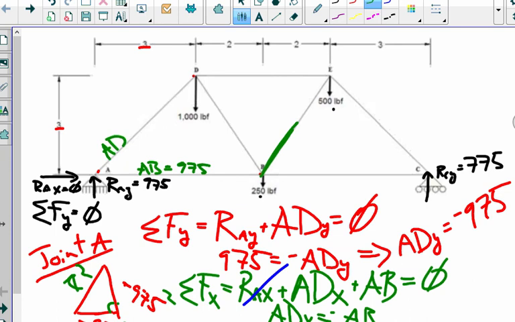So we take the square root of 975 squared plus 975 squared. I'll pause to do the calculation on a calculator. All right, so we calculate out that this side here, which is AD, is 1378. Okay? So what you're going to do is piece by piece, figure out the piece of each beam.